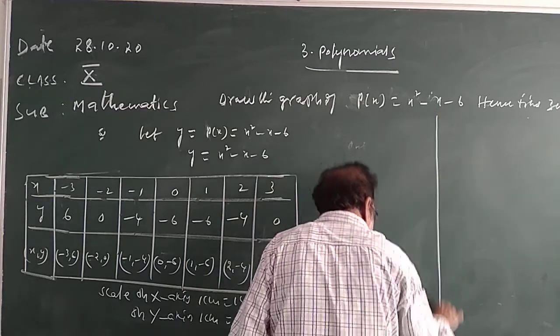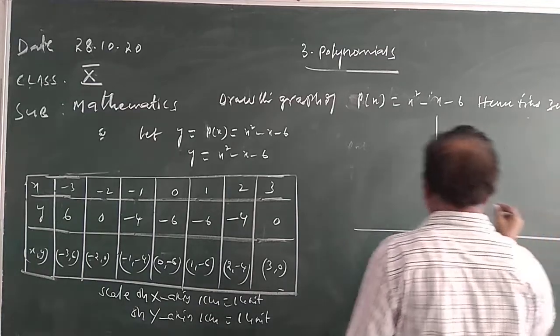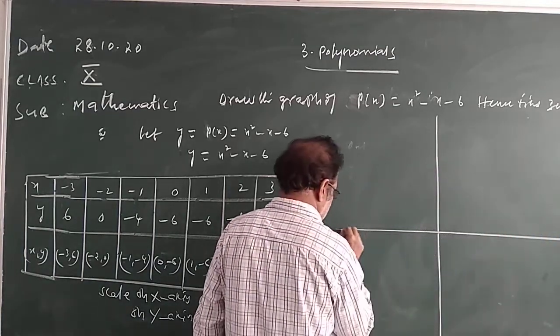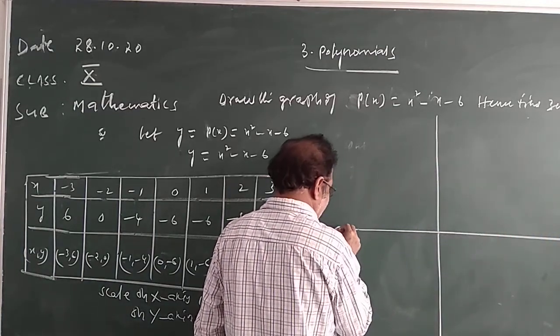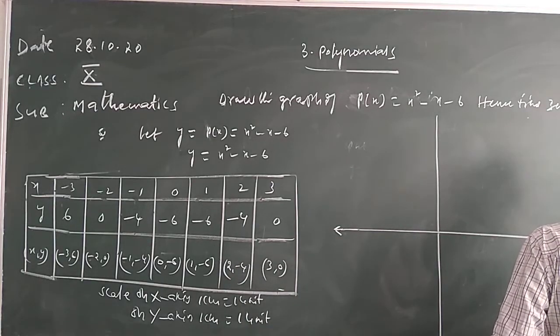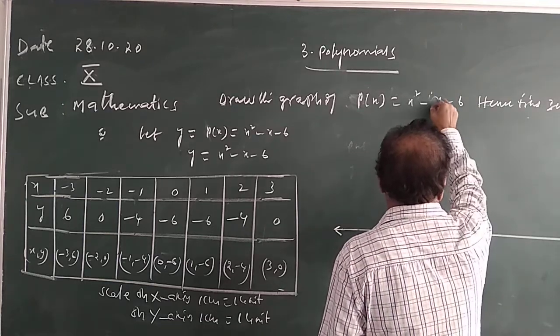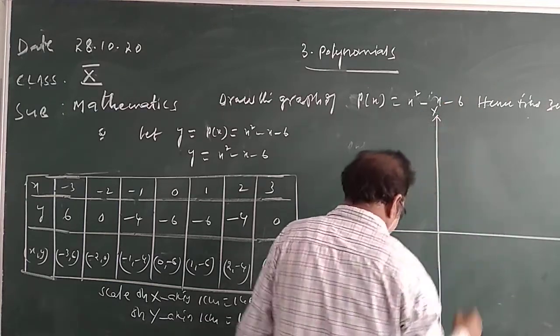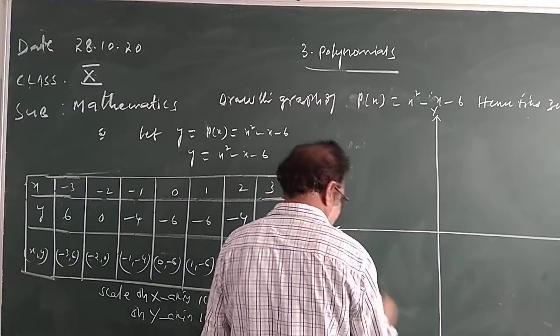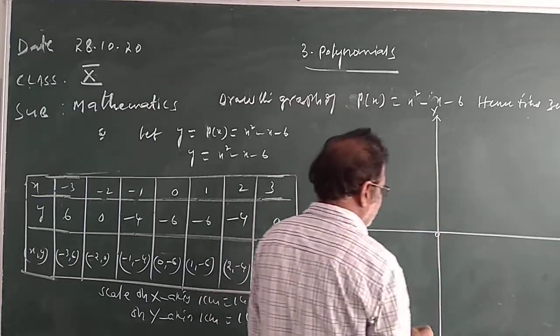This is the coordinate system. The horizontal line is called the x-axis. The vertical line is called the y-axis. You know this. This is x dash, this is y dash. This is 0 over here.